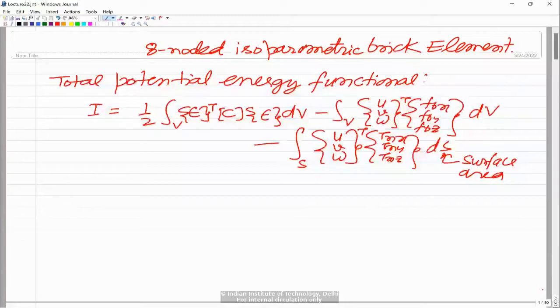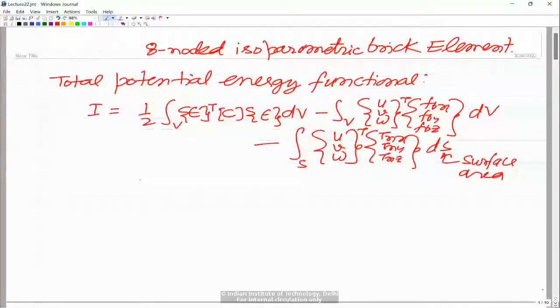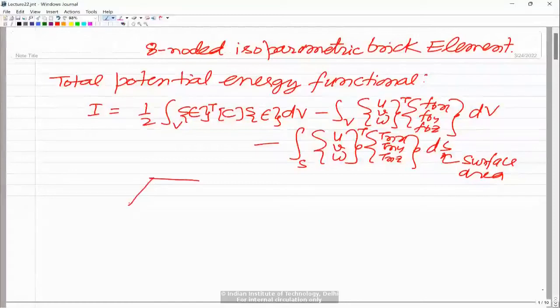And then we said that we are talking of an element here. In the physical coordinate space, the element could be an arbitrary parallelepiped. It need not be a cube or a cuboid, but can be an arbitrary parallelepiped.